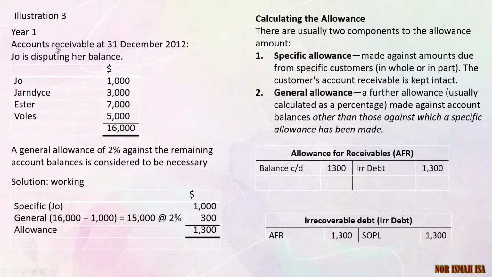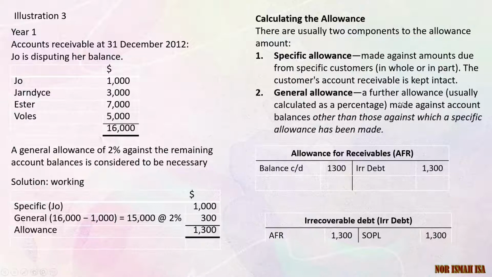This is for example what I just told you. So Joe, we know that Joe has a tendency not to pay the debt. So we make it a specific allowance, the whole amount or in part. The customer account receivable is kept intact.